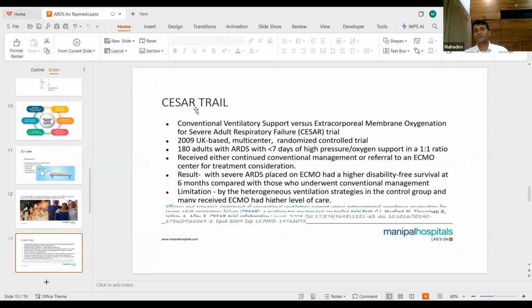They were referred to ECMO centers, and half the patients were managed conservatively on ventilation strategies, and half were managed with ECMO. The result showed significant improvement in patients who were treated with ECMO. That is how ECMO picked up from 2009.